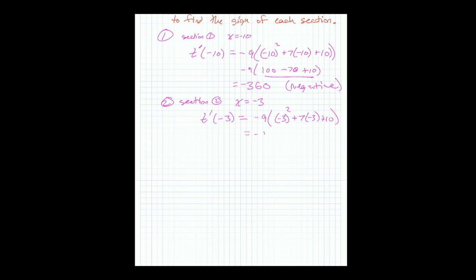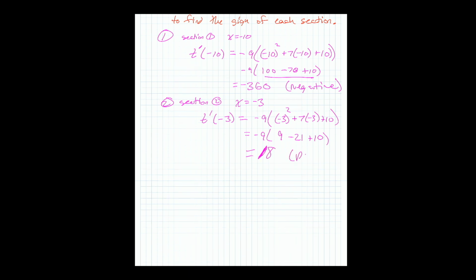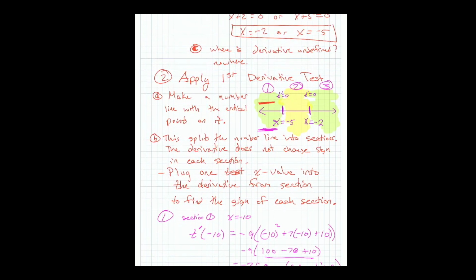So that's negative 9 times (9 minus 21 plus 10), which is negative 2, times negative 9 is 18, which is positive. So in the next section, it's positive.